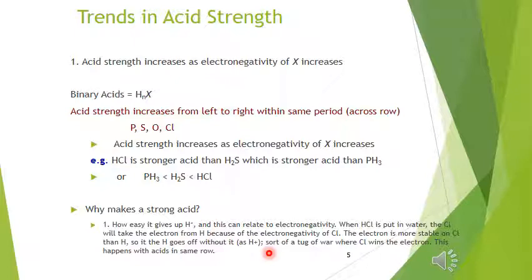So it's about the conjugate base, and in this case, the electron is more stable on the chlorine, and it says, "I don't want to go back with you, hydrogen. I'm fine." And remember, a weak base doesn't combine with H plus.